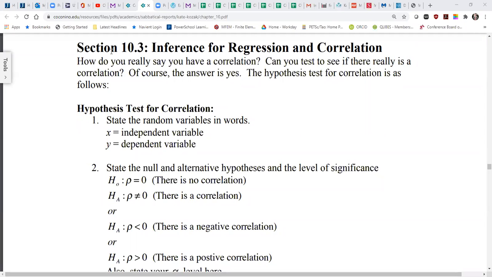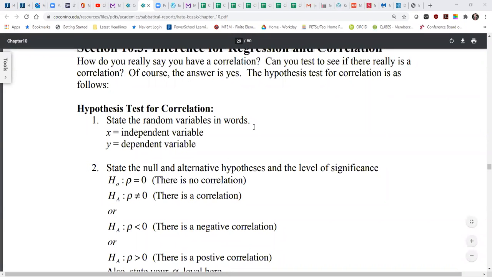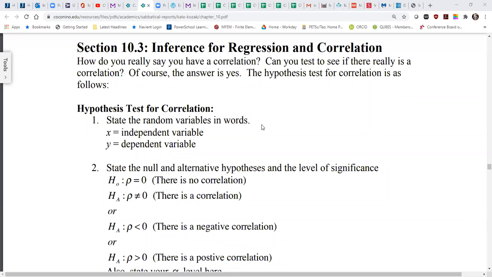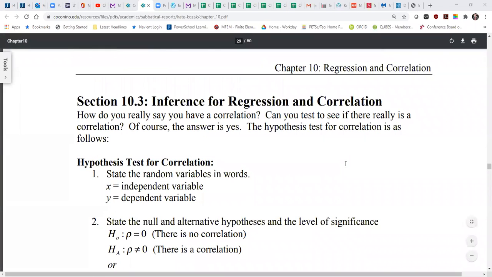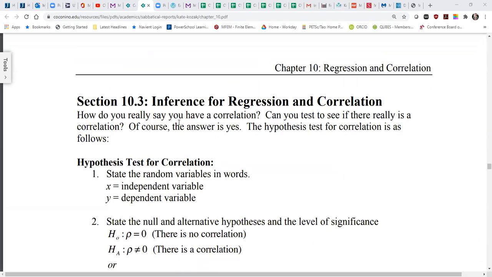Okay, so there is the third part here, section 3. Section 3 is talking about the hypothesis test for the correlation and regression. I want to test whether there is a correlation or there is no correlation.